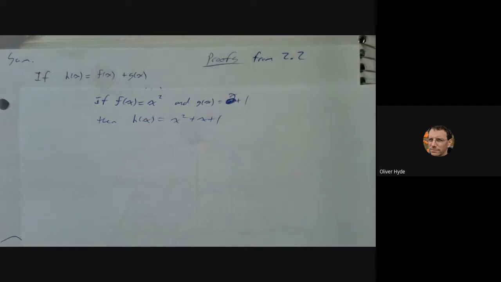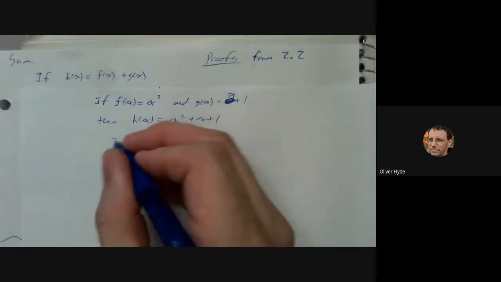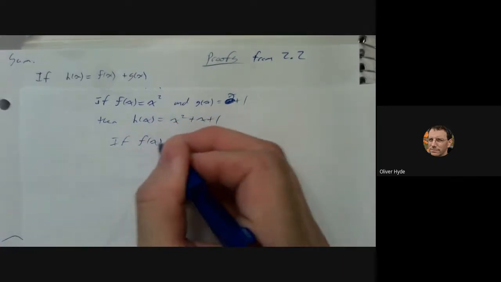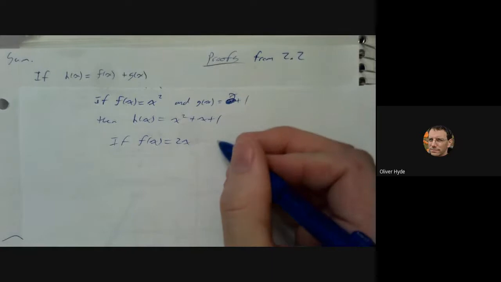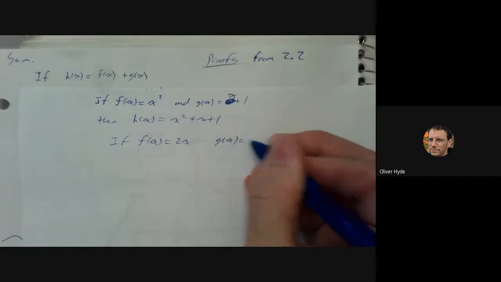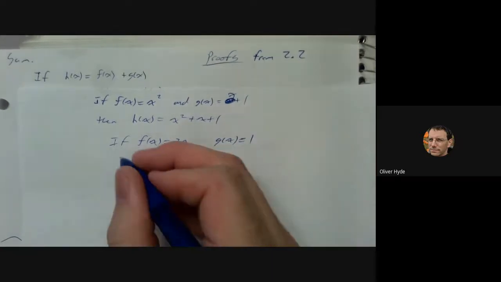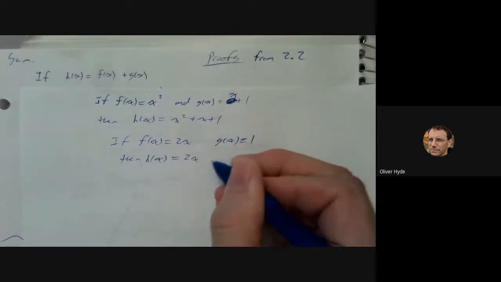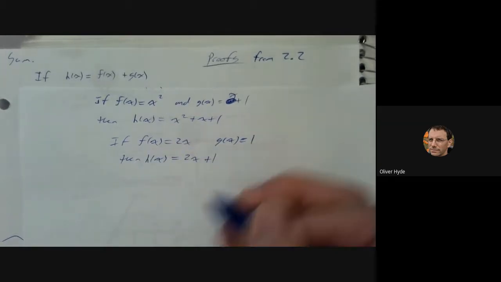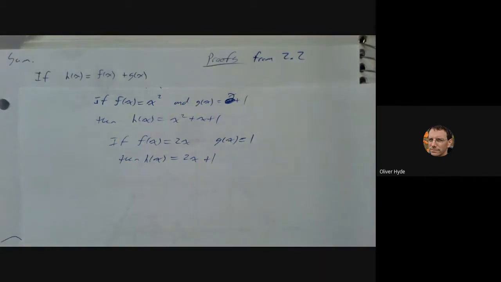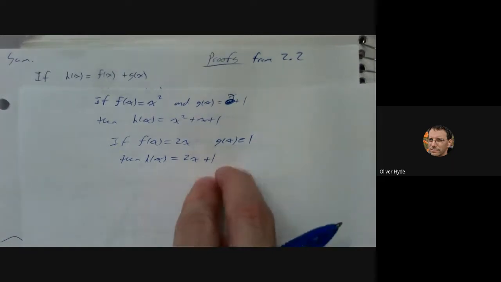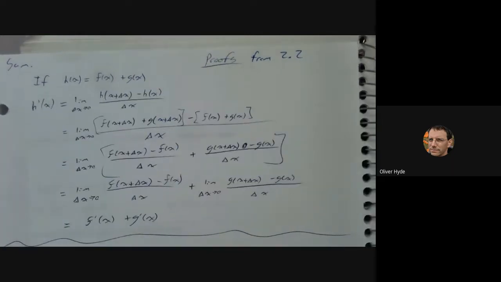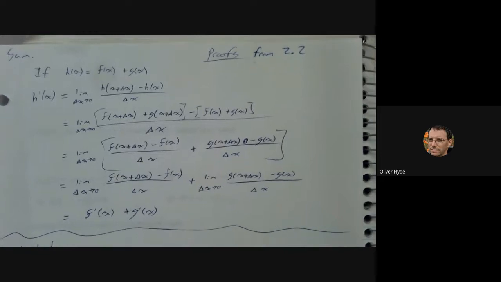Even if the f machine doubles your input and the g machine is a constant function 1, then the h machine might be a line with a slope of 2 and a y-intercept of 1, or vertically stretched by 2 and vertically translated up 1. Okay, you've all seen sums of functions before, even if you didn't finish Unit 7 in advanced functions.